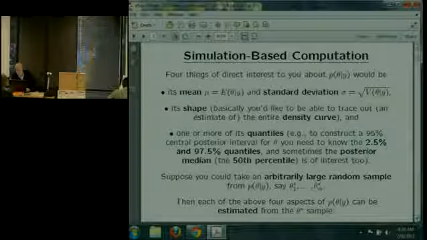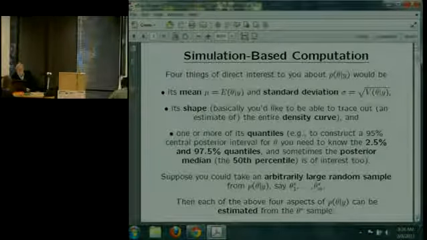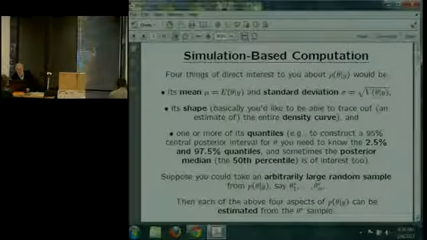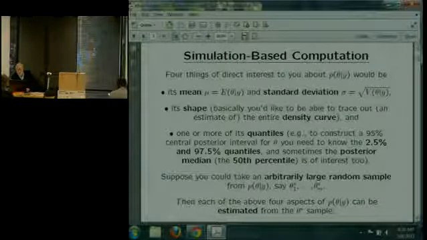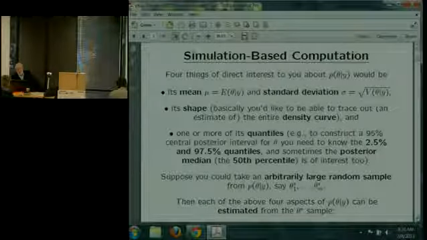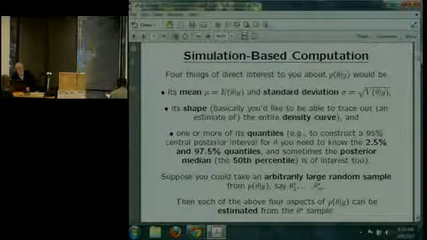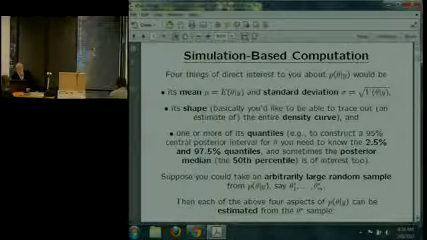So people call those the 2.5% and 97.5% quantiles, and sometimes people are interested in other percentiles or quantiles of the distribution, like the median, the 50th percentile also. So you can see basically we're interested in things like moments, first and second moments, means and standard deviations, things like percentiles and quantiles, and things like the basic shape.